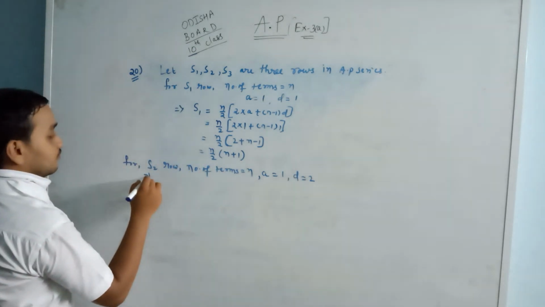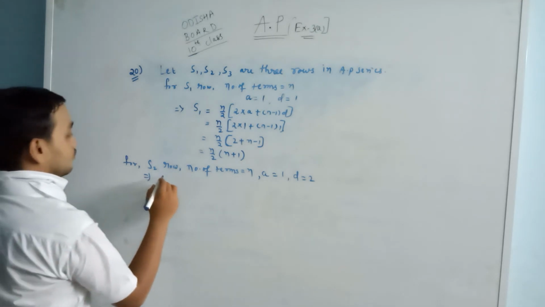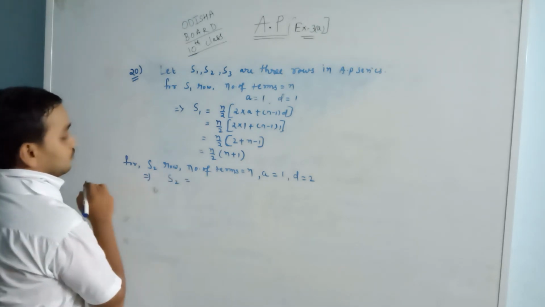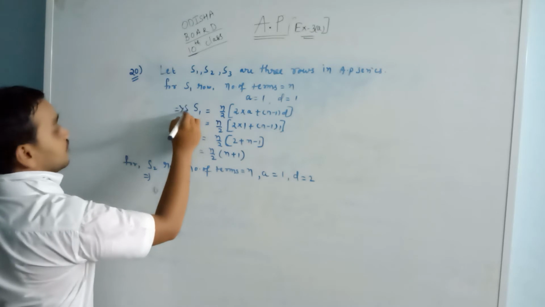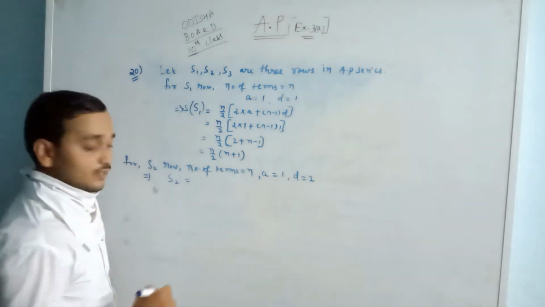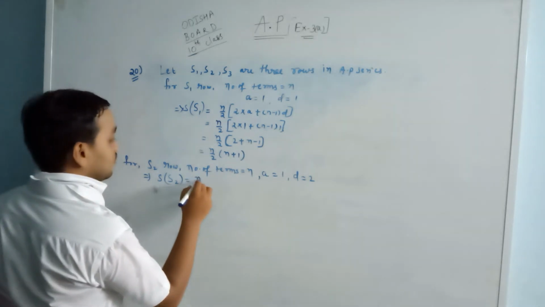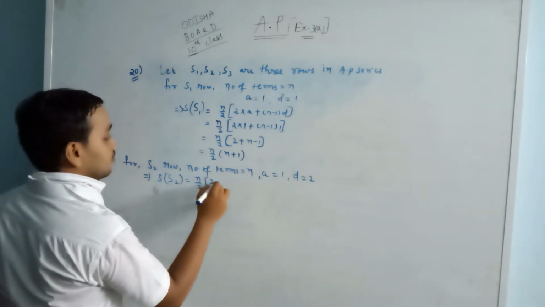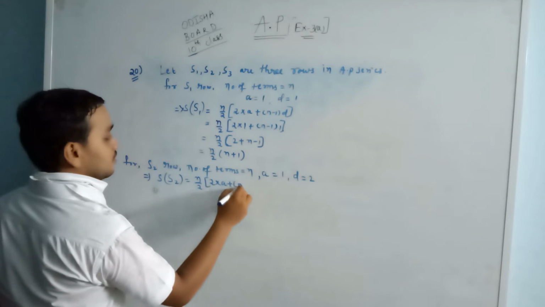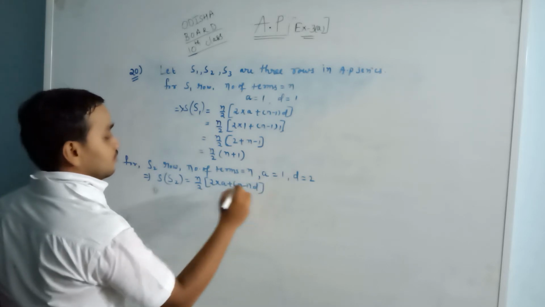Same formula for the sum of S2: n by 2 into 2A plus n minus 1 into D.